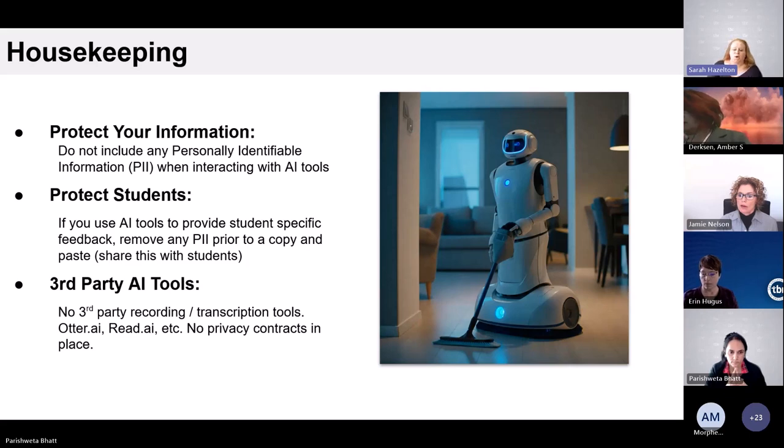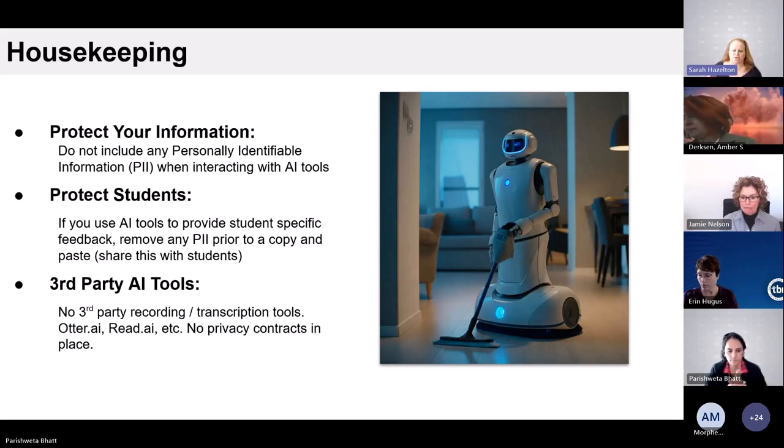First of all, you will always hear us say, protect your information. Don't ever put personally identifiable information into any of the tools that we show or use. We don't put our PII in there, and we recommend you don't either. That protects you, but we also need to protect students and learners. If you are using these tools to look over a paper or some students' work, survey responses, or anything that has any kind of PII in it, make sure you remove that before you input any information.